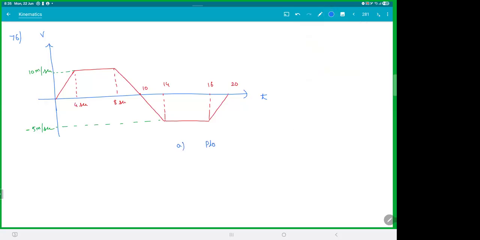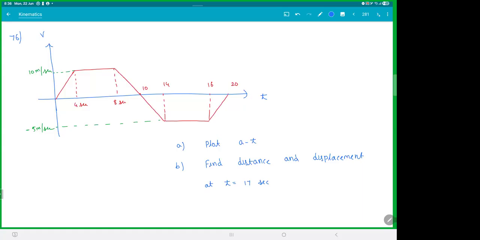First thing, looking at this graph, can you plot the AT graph? So they can give you one graph and ask you for another graph. Find distance and displacement at t equal to 17 seconds.